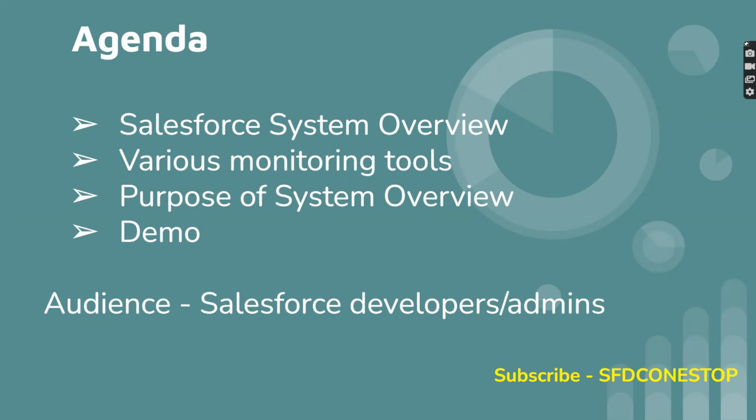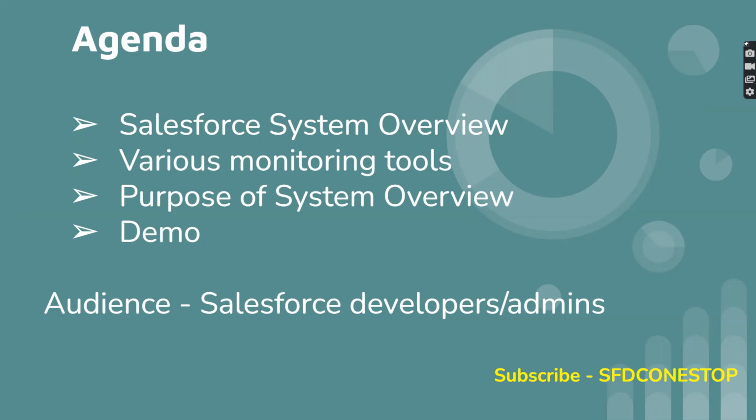To give you a brief recap, this Lightning Usage app is mainly used to monitor various metrics like active daily users and most visited pages, and also to track the adoption of the Lightning experience. Likewise, there are various other metrics which can be measured using this app.